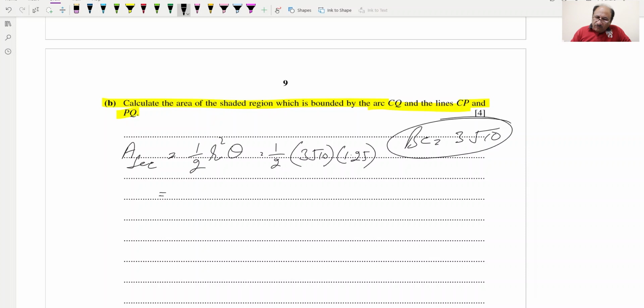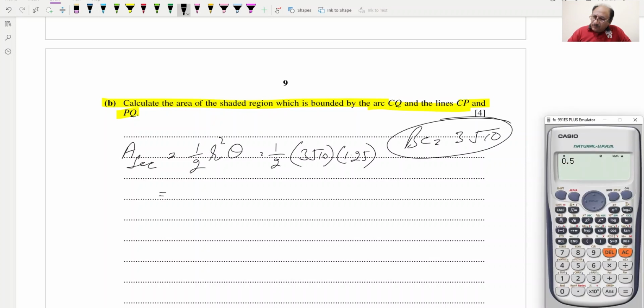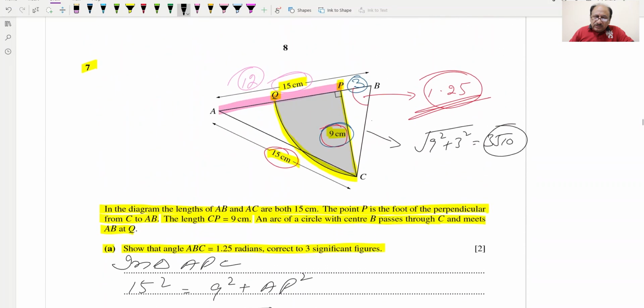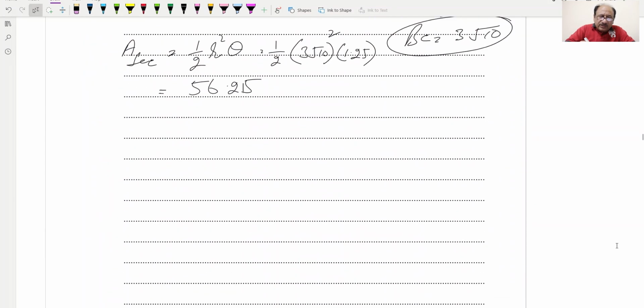This simplifies to 0.5 multiplied by r squared, so 3 root 10 squared, multiplied by 1.25, and this results in 56.25. The units will be centimeter square. This will be the area of the sector.